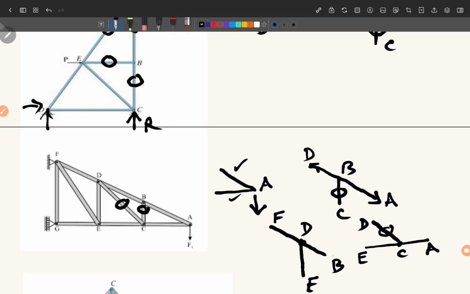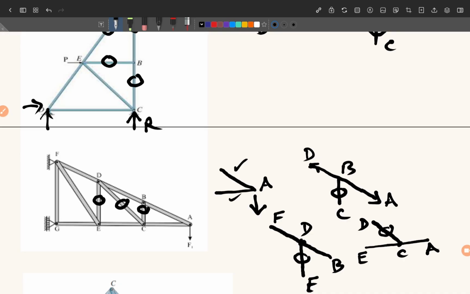Now the same rule number 2 can be applied here because FD and DB are in the same straight line and DE is the third force. So to maintain the equilibrium, applying rule number 2, DE will be 0. And similarly you can say that DB and FD will have equal and opposite forces.